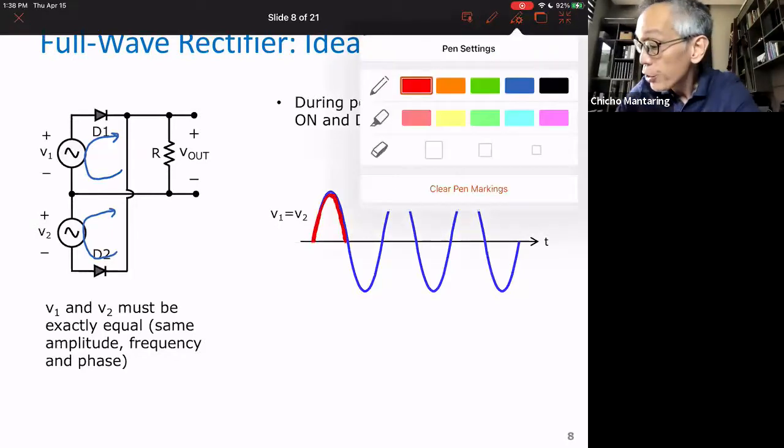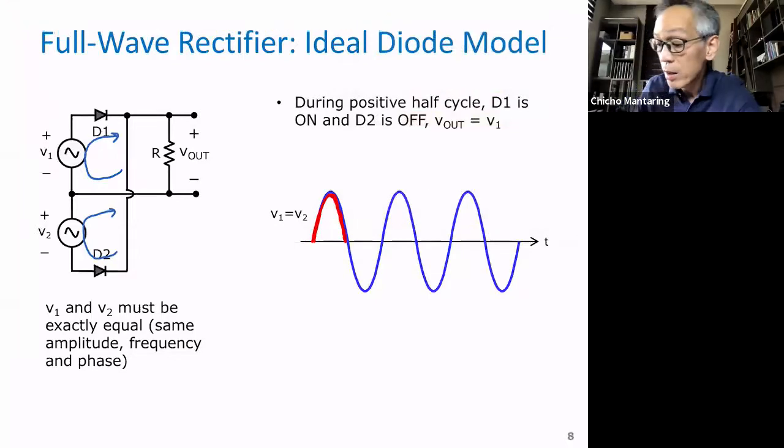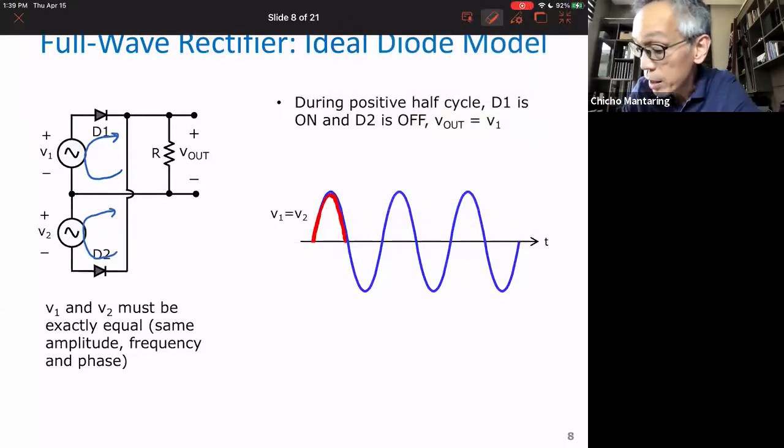Okay, now what happens during the negative half cycle? Let me use a different color. Let me also erase this now.